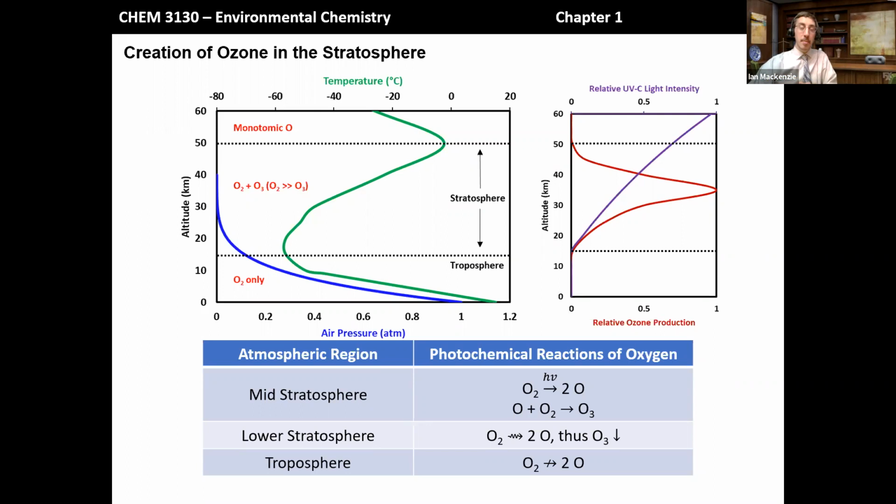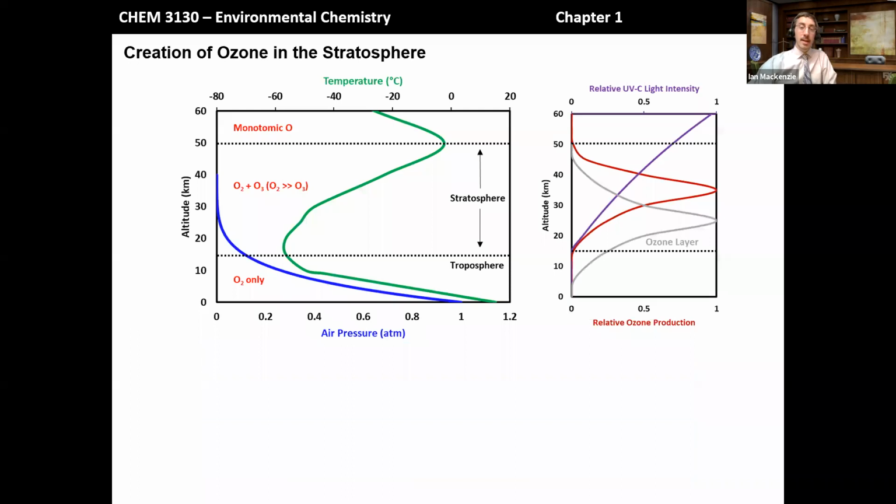Now, there's a couple other important things to point out in these graphs. First, if you're paying really close attention, you might notice that the ozone layer itself is not normally specified as existing all the way up at perhaps 40 kilometers. It's more centered maybe about 25 kilometers. And the reason for that is that although most of the ozone production occurs in this mid-stratospheric region between maybe 30 and 40 kilometers in altitude, that ozone, once formed, slowly gets transported downwards.